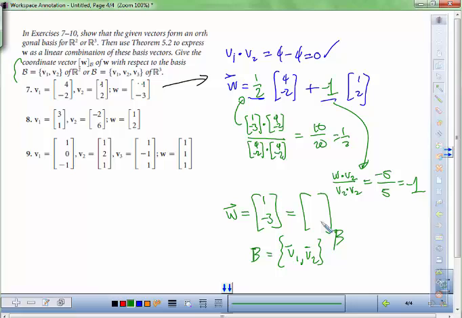What this is saying is that now I'm going to write this not as 1 comma 3, but I'm going to write this as 1/2 comma negative 1, and that's going to be my new components if I want to write my vector with respect to this other basis.